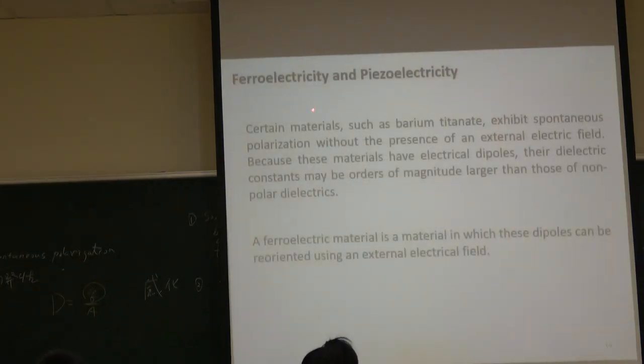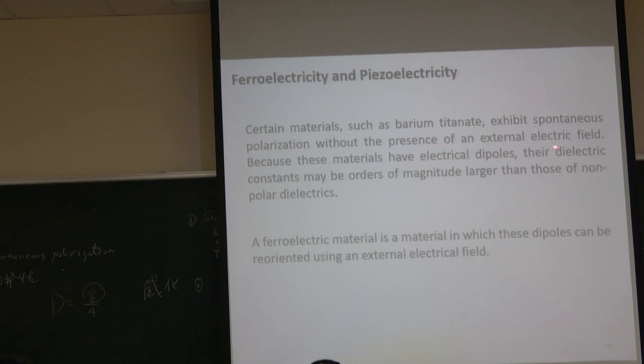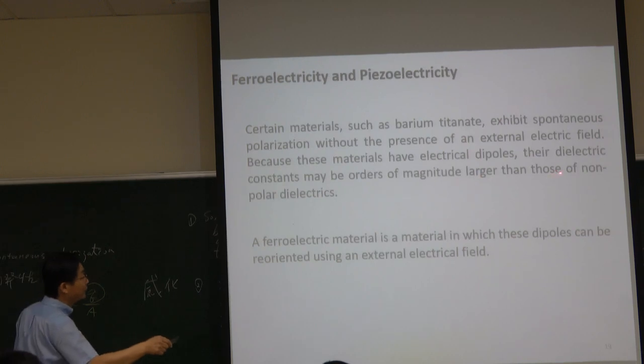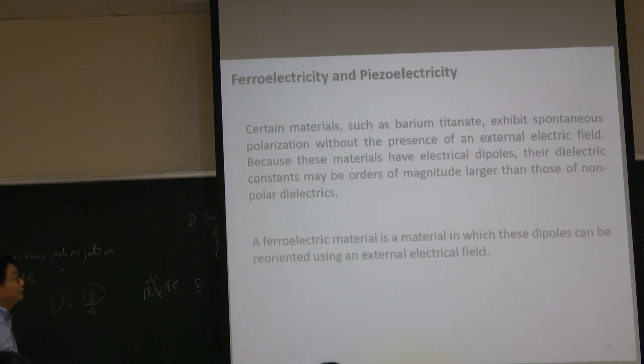Okay, so certain materials such as barium titanate, BaTiO3, exist with spontaneous polarization without the presence of an external field. Because this material has electrical dipoles, their dielectric constant may be orders of magnitude larger than non-polar dielectrics.